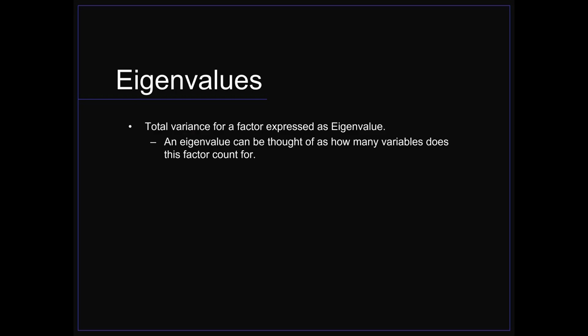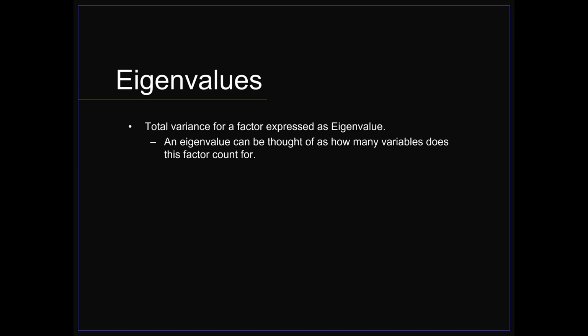So one of the things we can do is look at an eigenvalue. Conceptually, you can think of an eigenvalue as how many variables this factor explains. We're going to get an eigenvalue for each factor, and we want to see how much each factor explains.